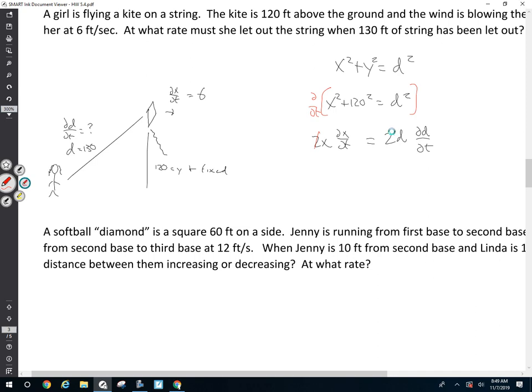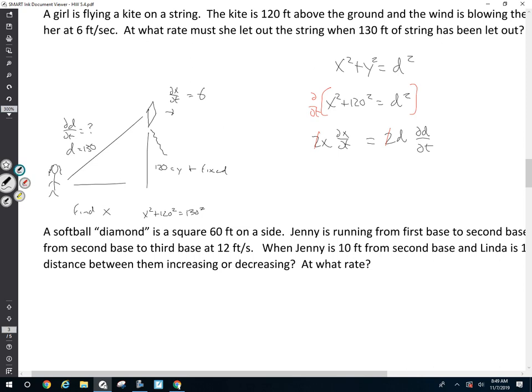So I have to find x at this moment. I'll get x squared plus 120 squared equals 130 squared. I feel like there's a 5, 12, 13 triangle. 13 squared minus 12 squared. Yeah, I was right.